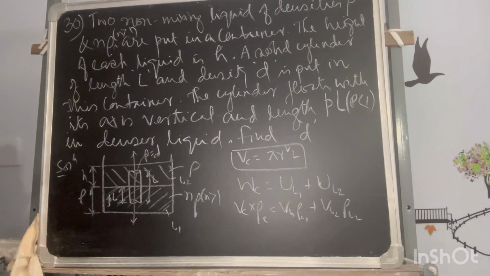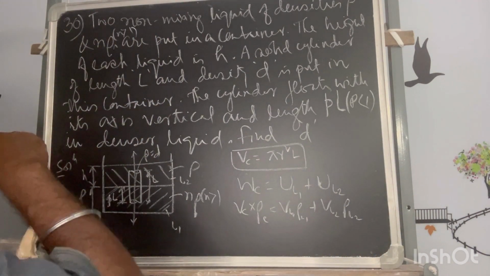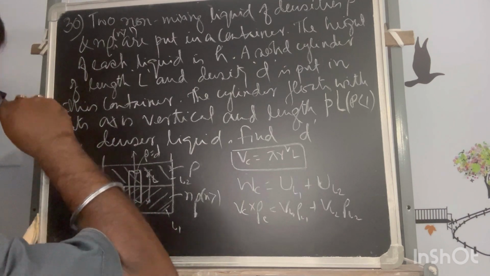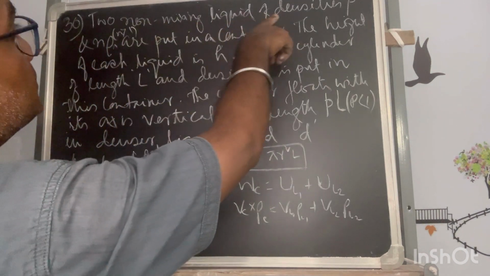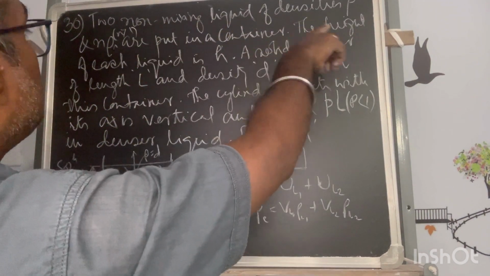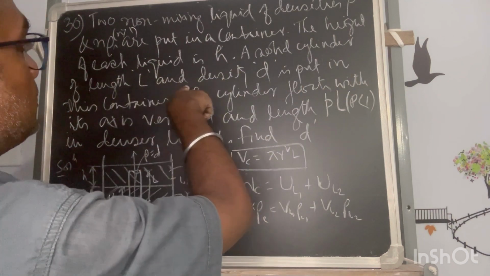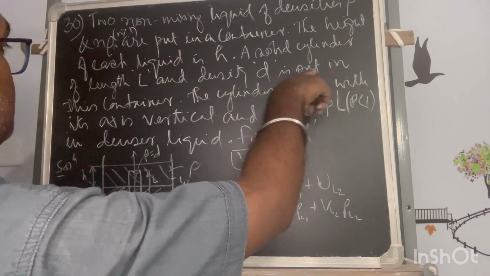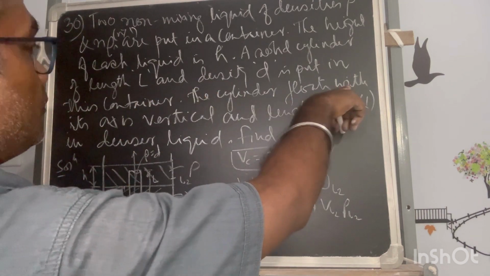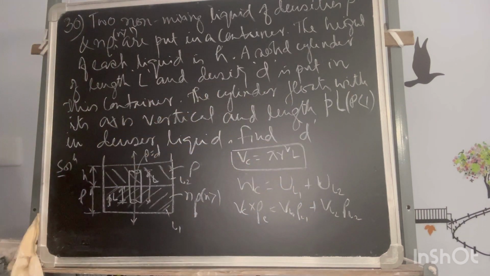This is going the same way. The two non-mixing liquids are put in a container, the height of each is h, and the solid cylinder of length L and density D floats with its axis vertical and length PL in the denser liquid.